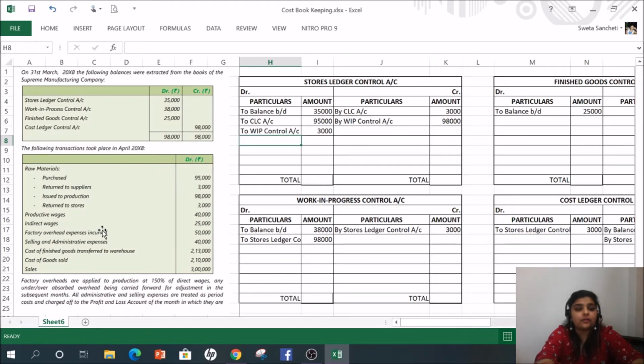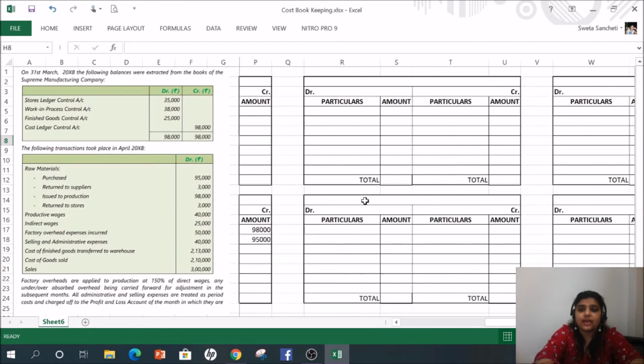Next, productive wages 40,000. Productive wages means these are your direct wages. So let us have one wages control account. Now wages control account, first productive wages 40,000, we would have made the payment to them. If we would have made the payment to them, that means cash would have gone out.